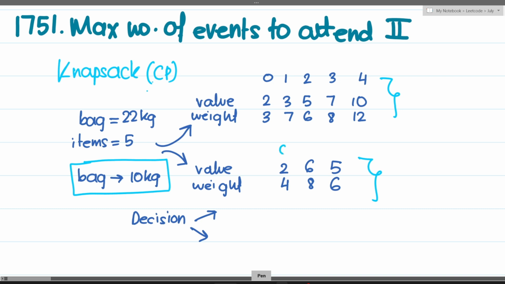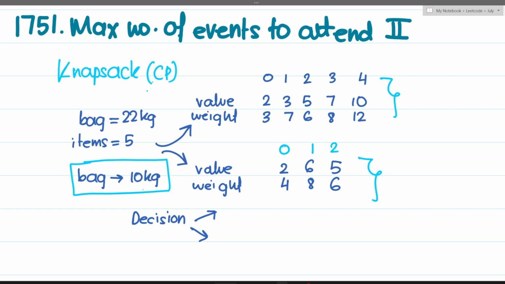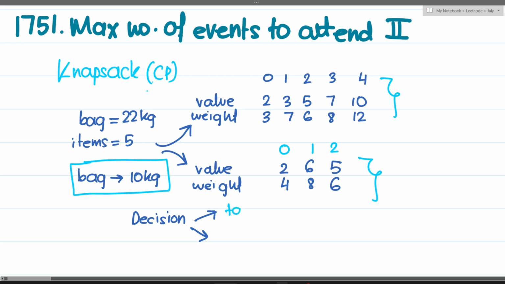So item number 0, item number 1, item number 2, they have some weight, and then they have some value associated with them. Now since this bag has a capacity, you need to decide what should I take, what should I not take, right? So you need to make a decision between what you need to take and what you need to skip.